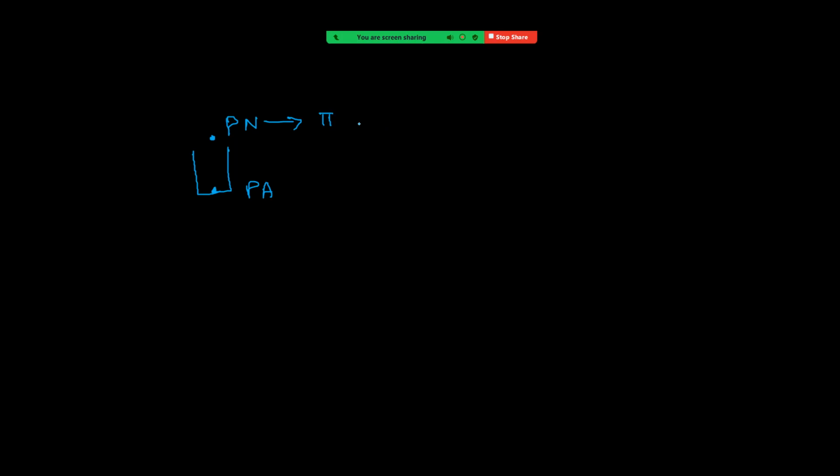Phase change of pi means the high pressure pulse reflects as a low pressure pulse, because the open end is a pressure node. Therefore, a high pressure pulse reflects as a low pressure pulse at the open end.